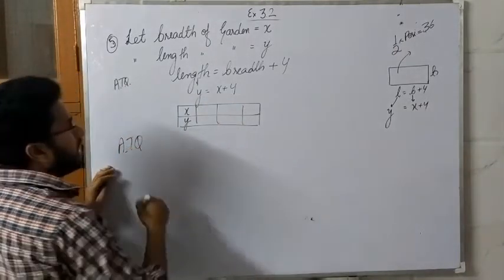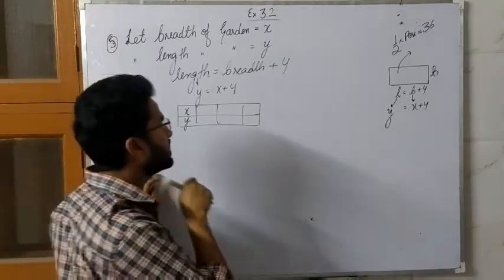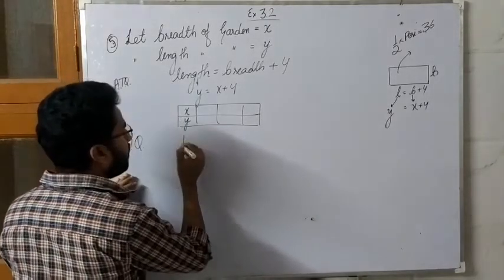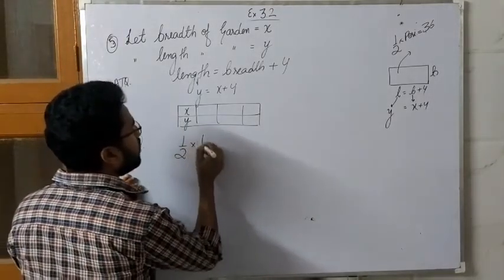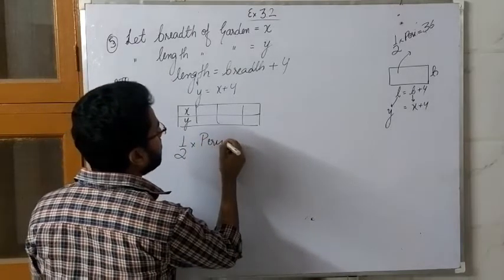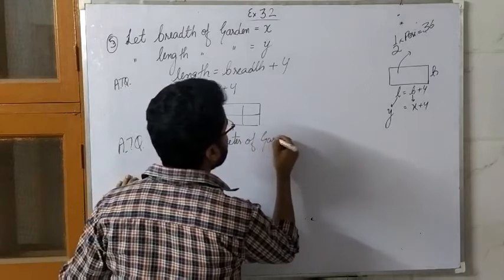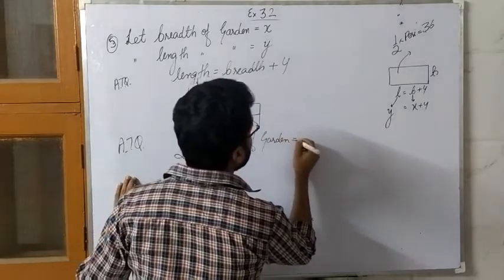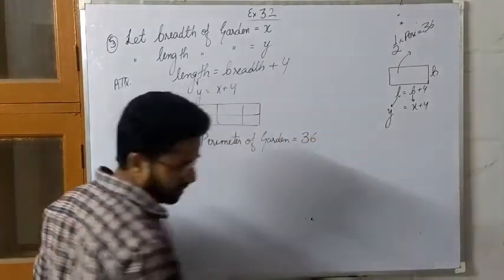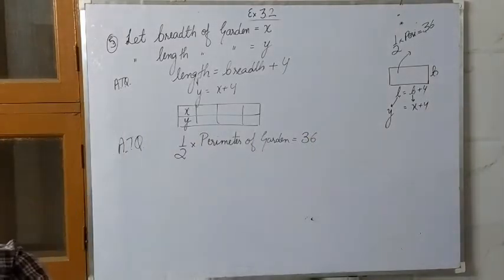Second condition. According to the question, what is the second thing said? That when you do half of perimeter of garden, then you get what? 36, right? This was the only condition.